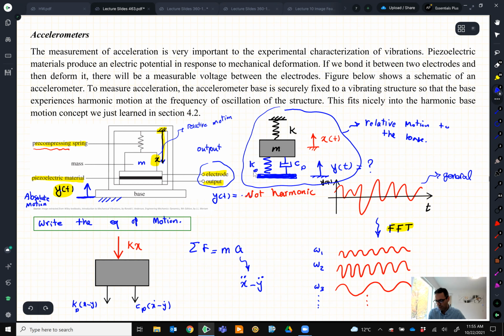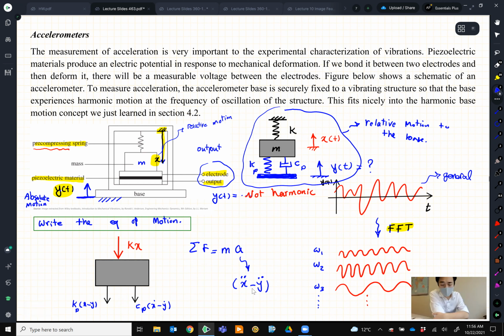On the diagram on the right side, the base of this frame is moved with y(t), which is the base motion, and the mass is moving with x(t), which we call the relative motion. That's why when we derive the equation of motion, our acceleration should be x double dot minus y double dot.